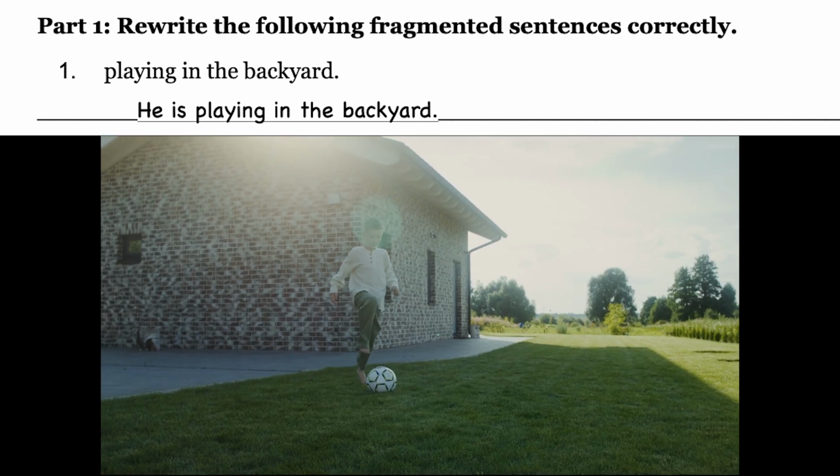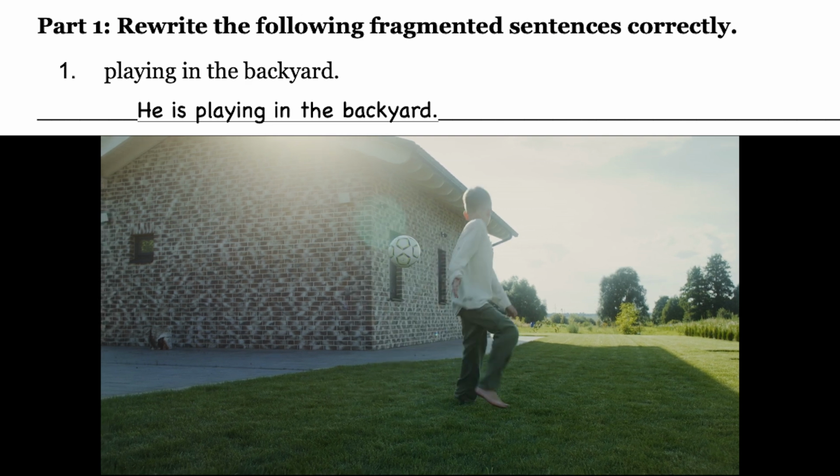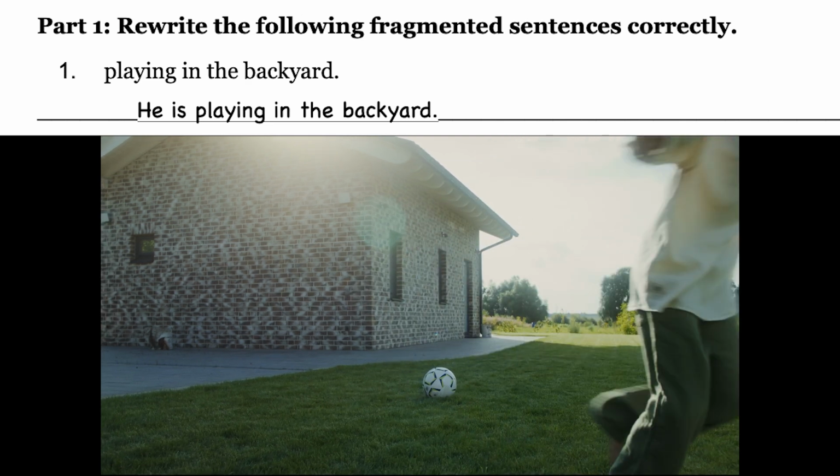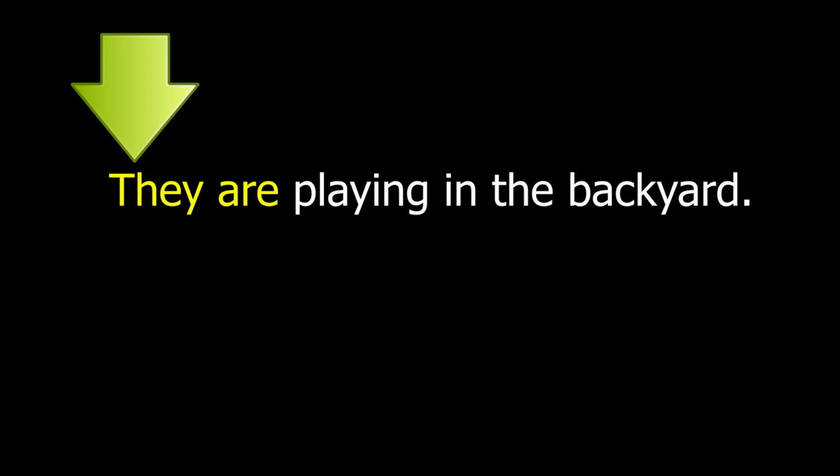When you add a subject like he, now we have a complete sentence. Remember to consider if your subject is singular or plural. In the example, he is playing in the backyard. The subject is singular, so we put he is. If we use a plural subject, it could be they are playing in the backyard. Are you getting this? Good.